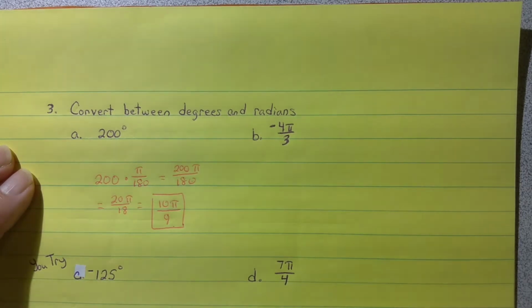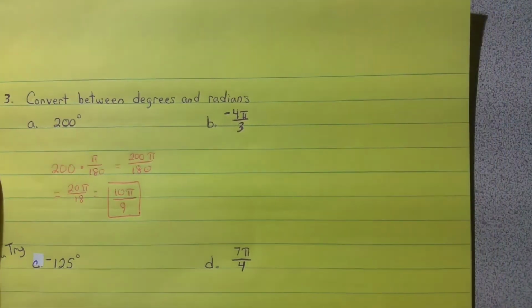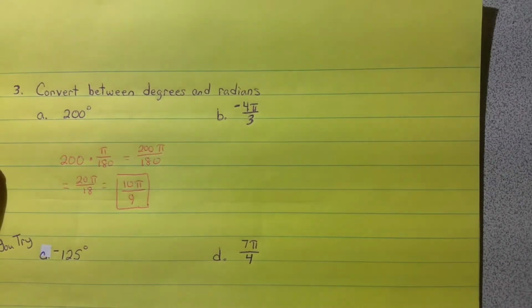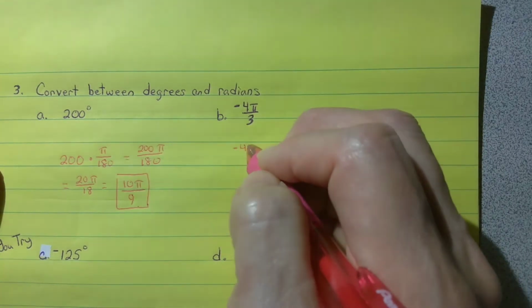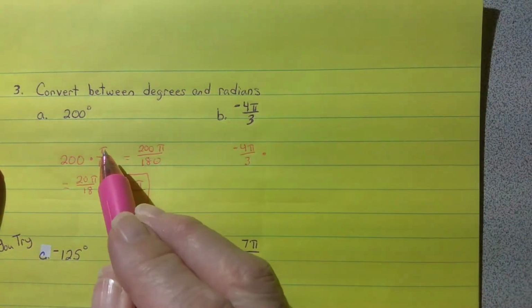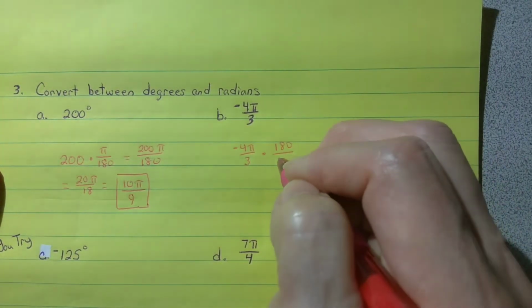It's kind of like English and metric units. 1 meter is about 1 yard. We just have different ways of talking about them. Okay, going over to this one. We have radians. And to change radians into degrees, we do the reverse process, the inverse actually. We multiply by that.